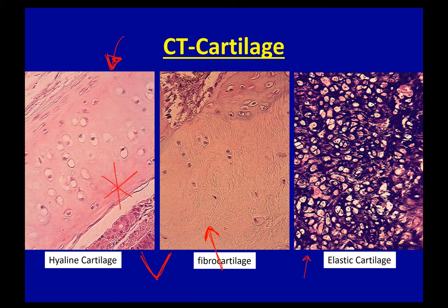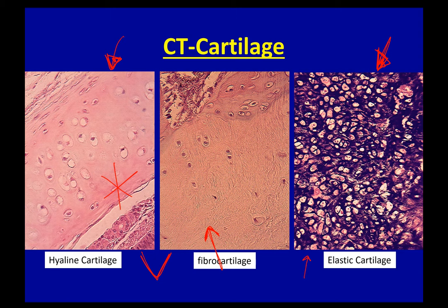So fibrocartilage has fibers. Now elastic cartilage, this little dude here, has always resembled to me deviled eggs in a purple fur coat. You've got tons of fibers, and one of the big differences is that these are elastic fibers and not collagen fibers like what you find in fibrocartilage.